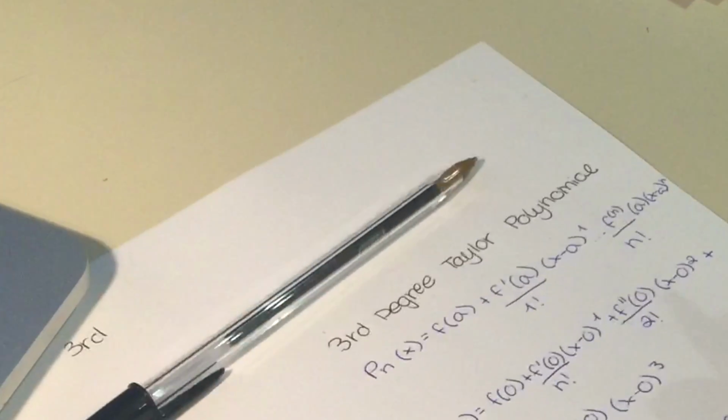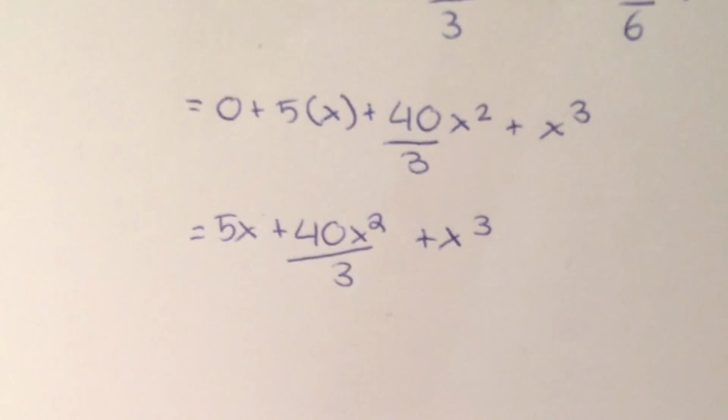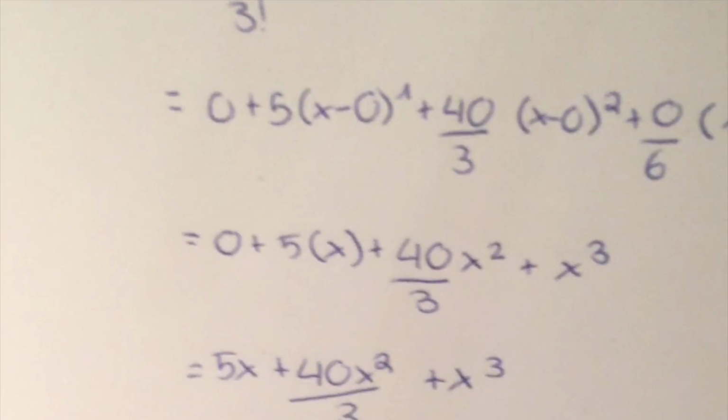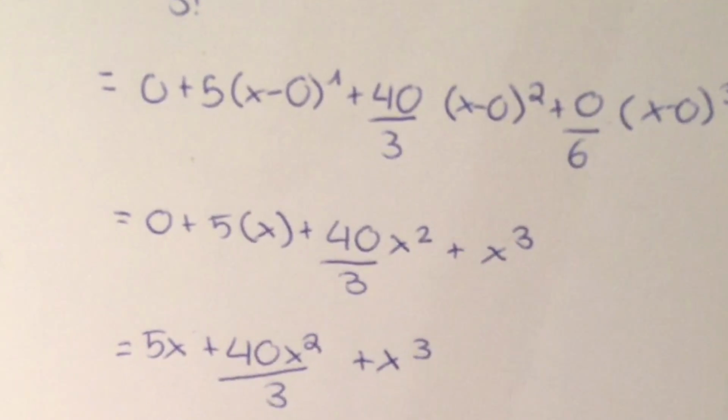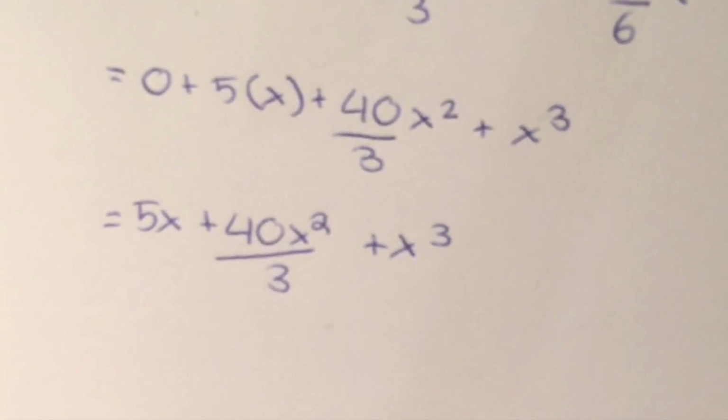And now this is the third degree Taylor polynomial that we have found, and we can use it later on to look for any number.